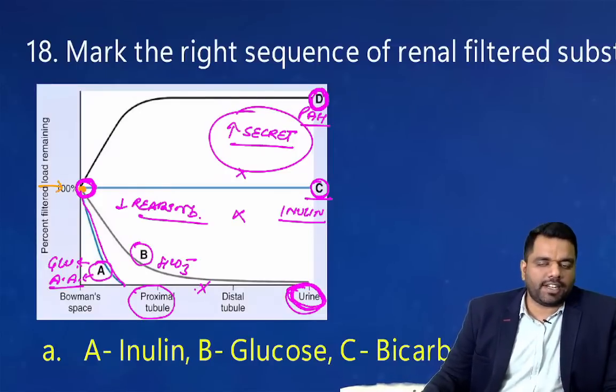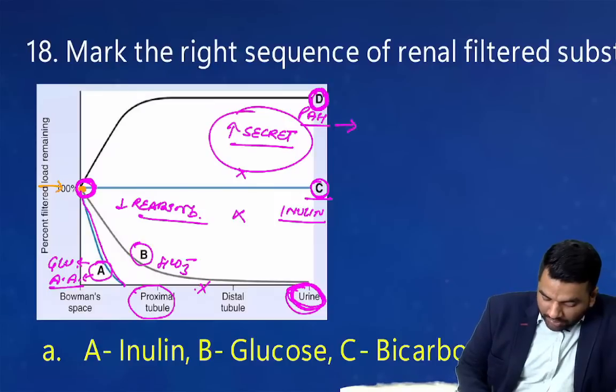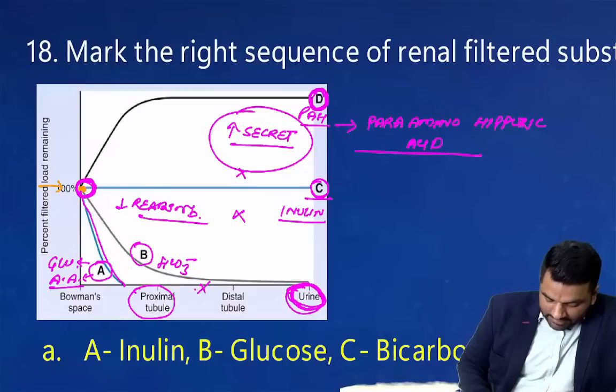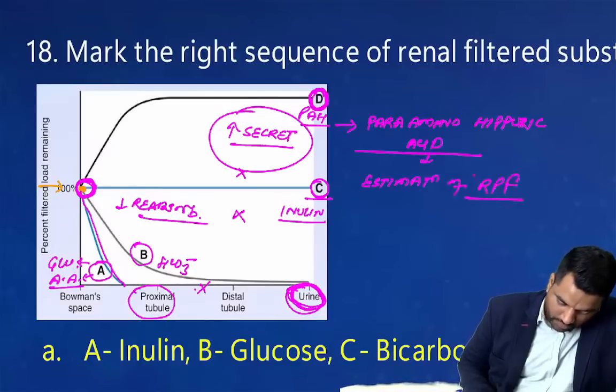PAH stands for para amino hippuric acid, and this is basically required for estimation of renal plasma flow.